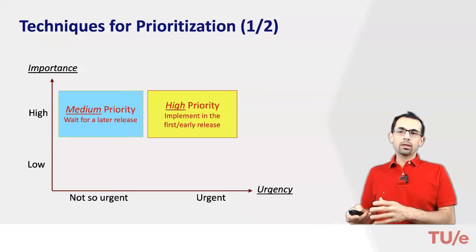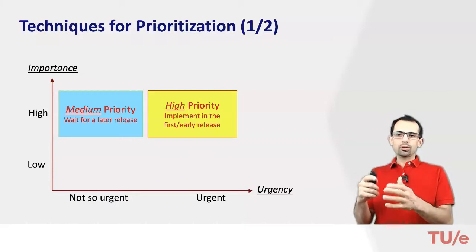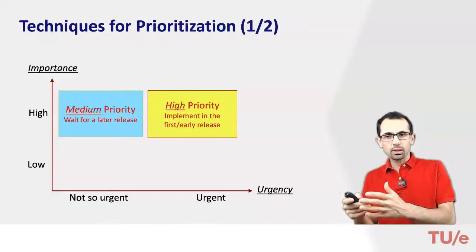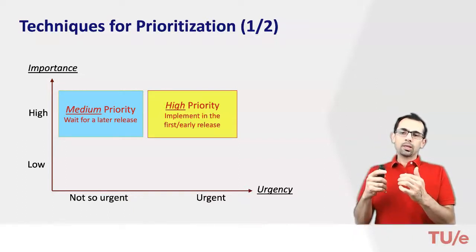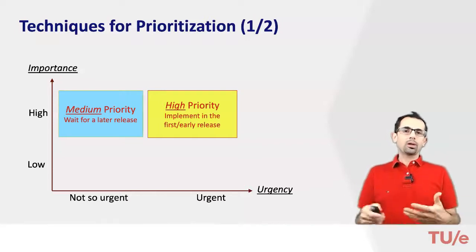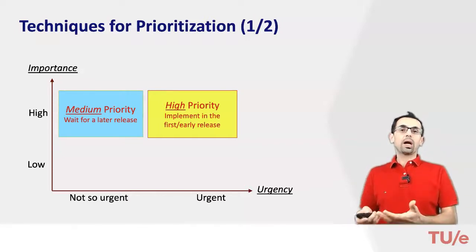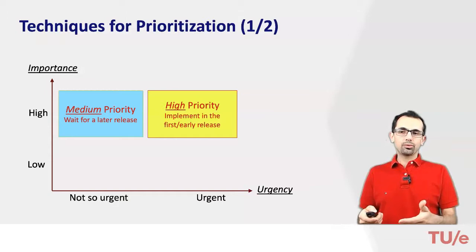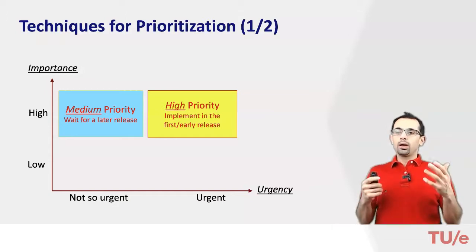Medium priority but high importance, let's put it that way. You may have high importance requirements, but not so urgent. We may say these requirements are of medium priority, and we may simply put them aside and assign them to future releases.